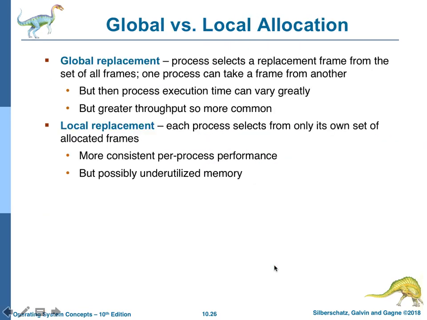This replacement can be global or local. Global means that we can even take some pages of another process, while local replacement is when you only replace from the given slot.